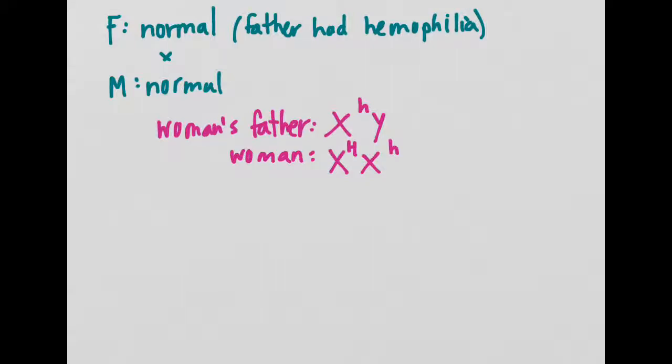And then let's look at the genotype of the man. He, we know, is not hemophiliac, so he's going to have the normal capital H allele. So there we go.